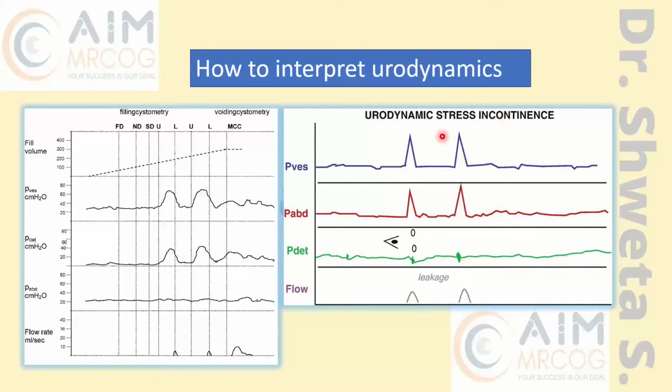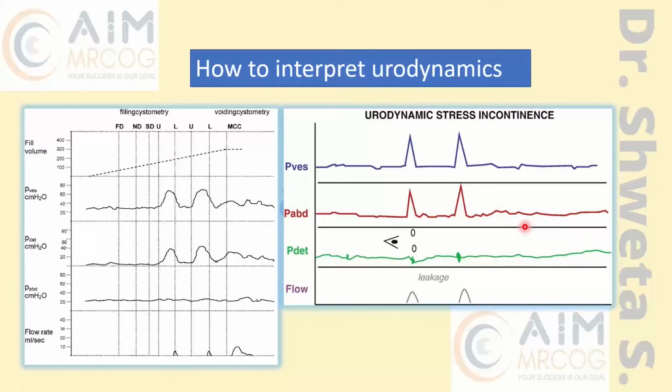To diagnose stress, there shouldn't be any detrusor activity in the graph. That is a mandatory factor. If there is cough with detrusor overactivity with leak, it is provoked detrusor overactivity. It is not stress. Am I clear about this point?